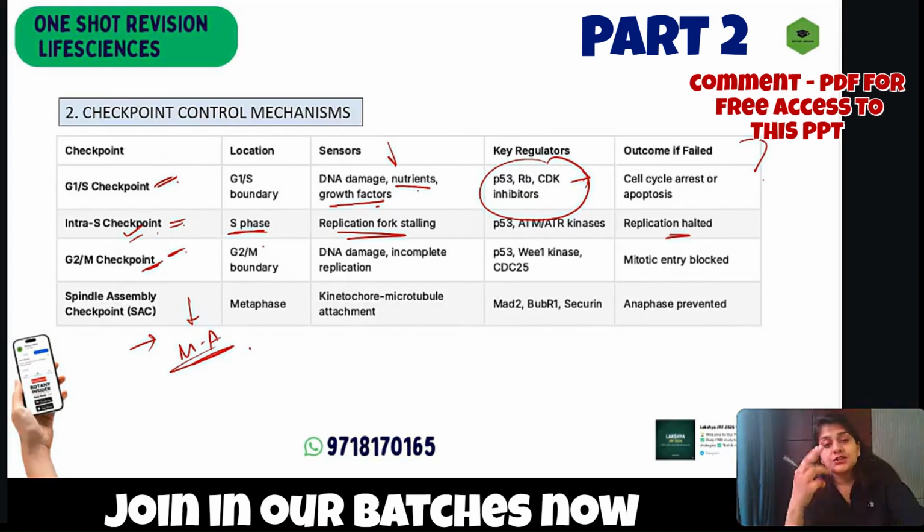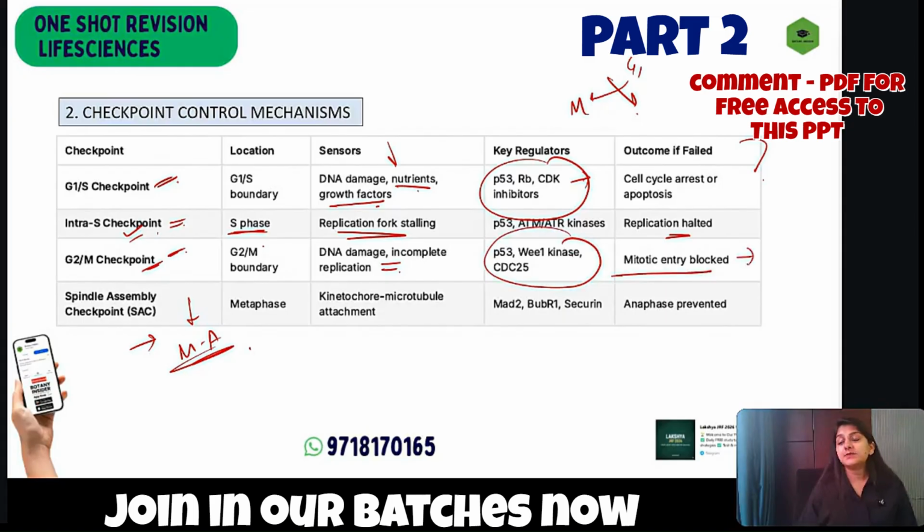This occurs when the cell is entering from G2 to M. So DNA damage is checked, incomplete replication is checked. These are the various regulators, and the entry is blocked if the requirement remains unfulfilled.